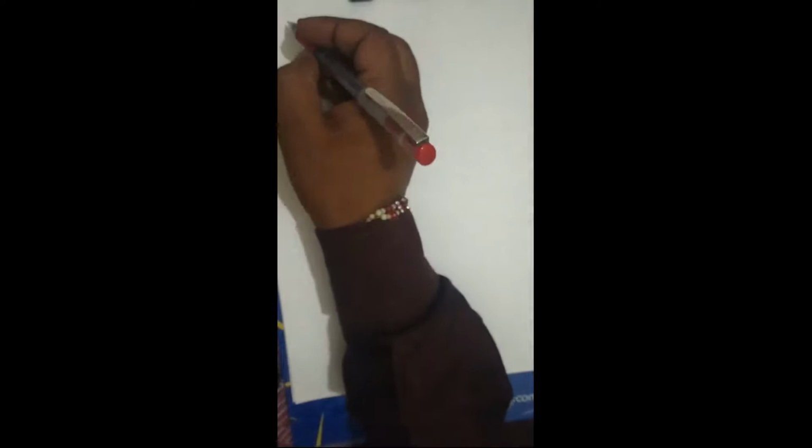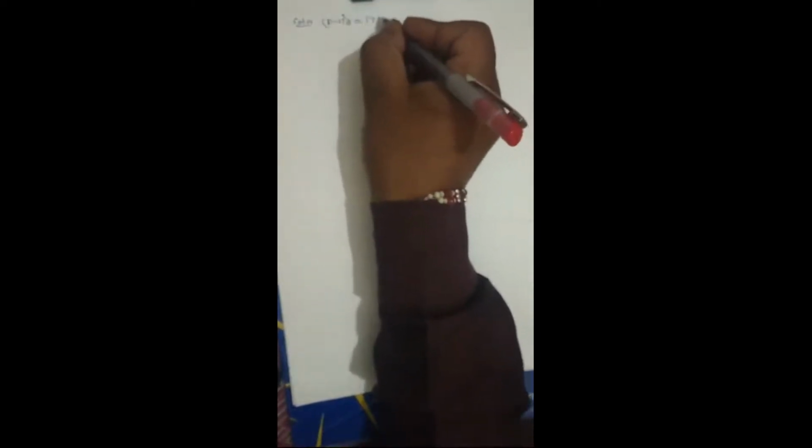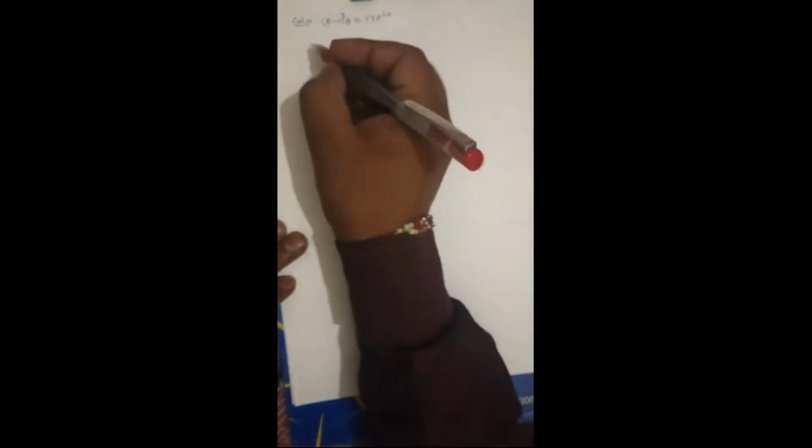Next question is: solve (D minus 2)^3 y equal to 17 e^(2x). Solve the problem.